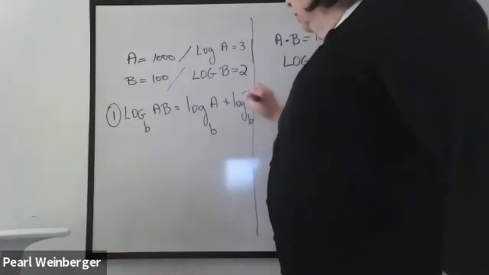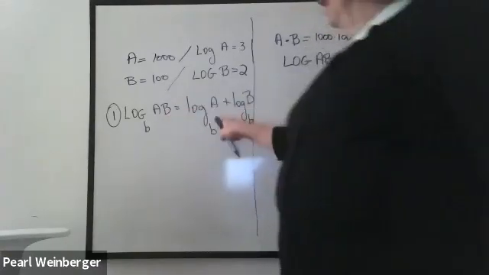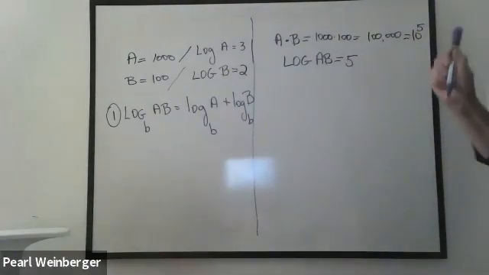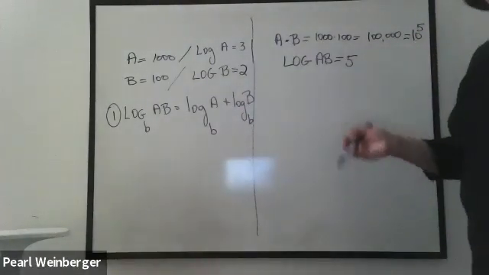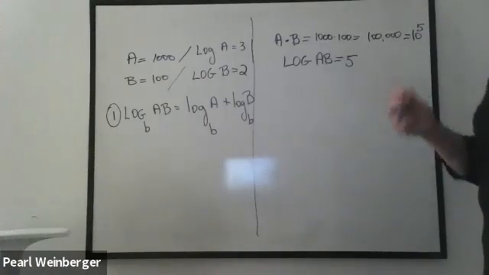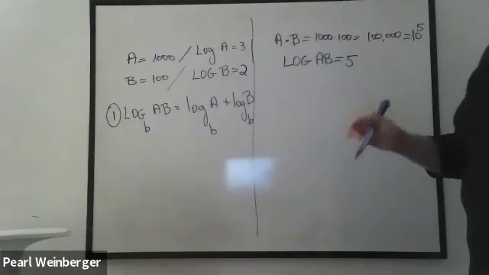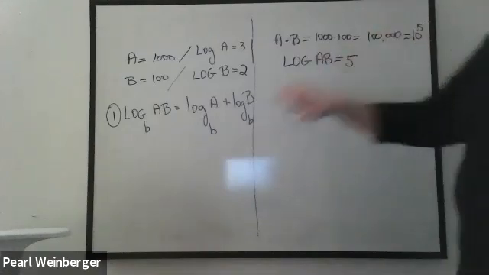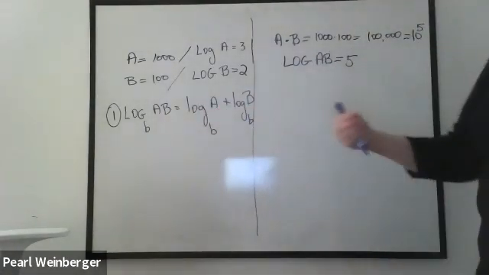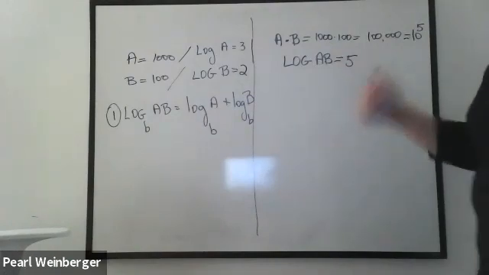When we're multiplying numbers, we add their logs. It makes sense because when we're working with logs, we have to work with exponents. Notice the rules for logarithmetic are really different from the rules of regular arithmetic because we're working with exponents.